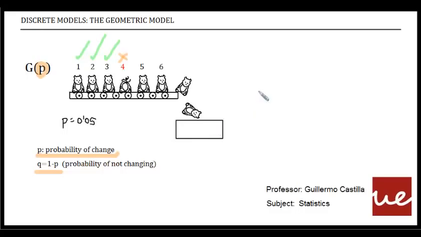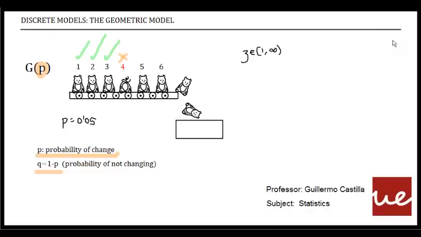Well, there's a 5% probability of one of these teddy bears to not work, to not be commercial. So our random variable chi, in this case, will go from 1, which is the first reject we can find, to infinity, which would be the last place where we could find a reject.